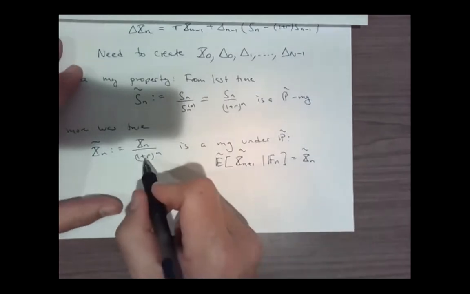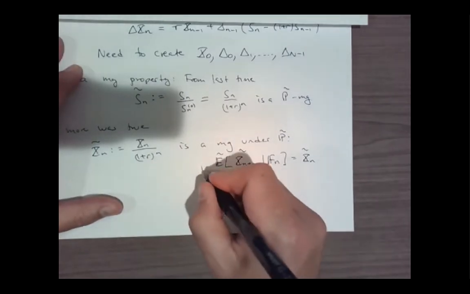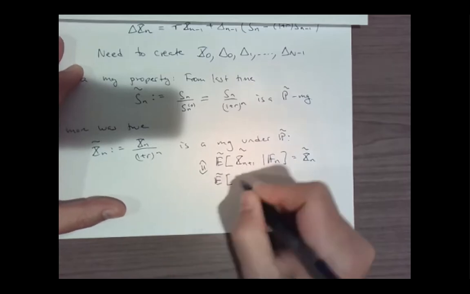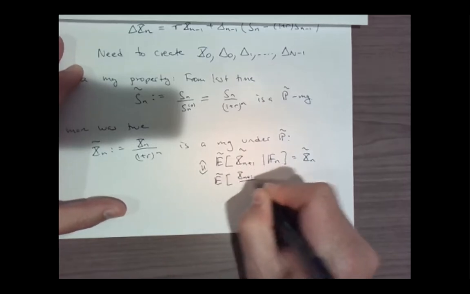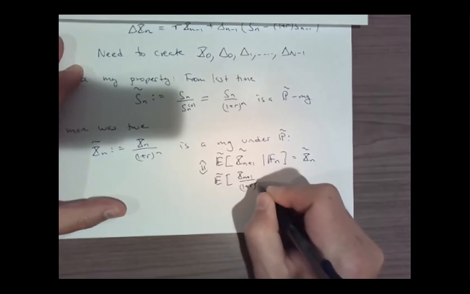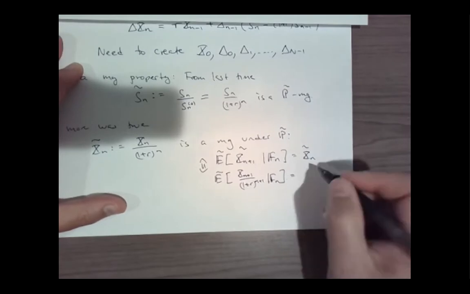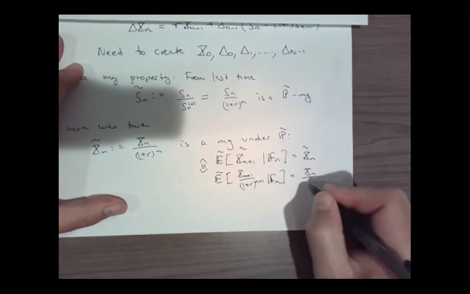And then I can use the definition. This is the same thing as saying that the conditional expectation of xn plus 1 divided by 1 plus r to the n plus 1 given Fn is exactly going to be xn divided by 1 plus r to the n.